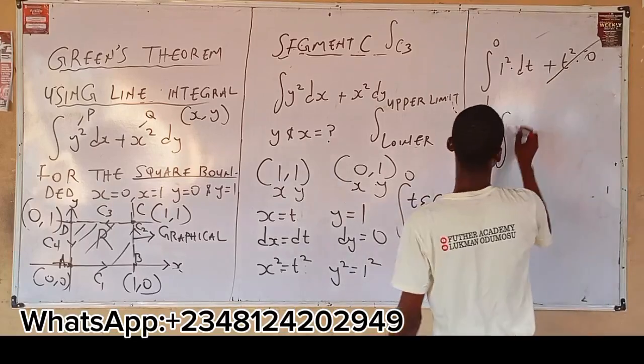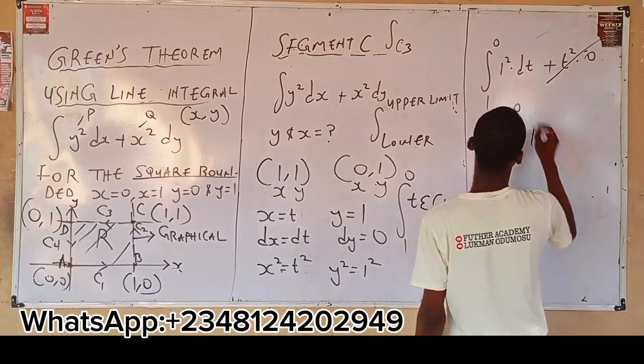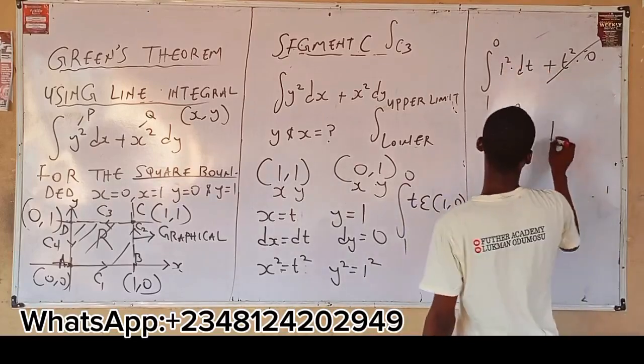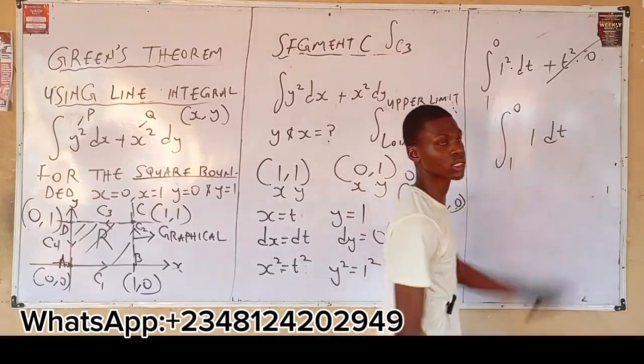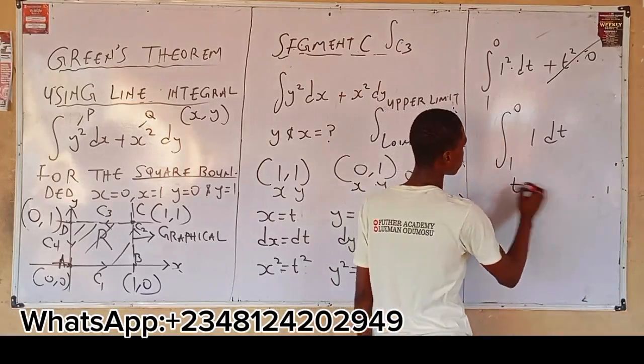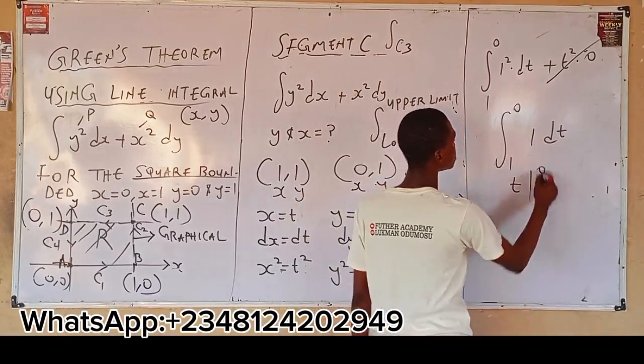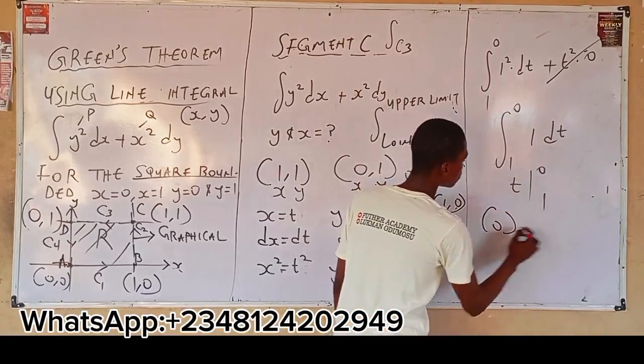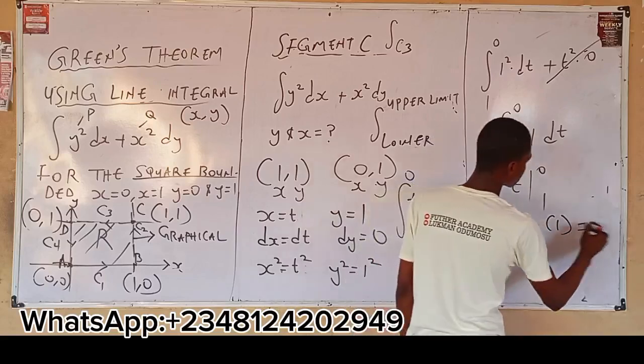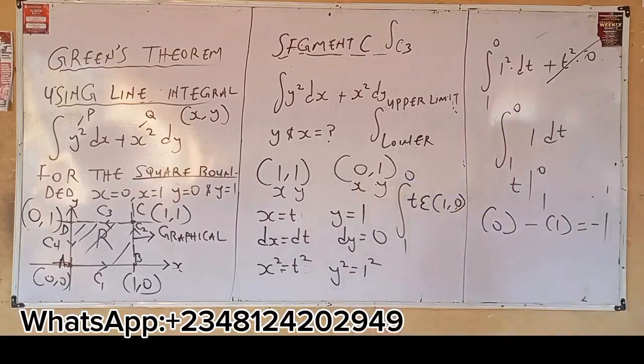So I'm left with integral 1 to 0. 1 square is still what? 1. Then the dt. Now integrate this. Integrating a constant, which is 1, you have what? t. Substitute your lower and upper limit, meaning 1 to 0. I have 0 minus what? 1. So I have what? Negative 1. So this is for segment C.